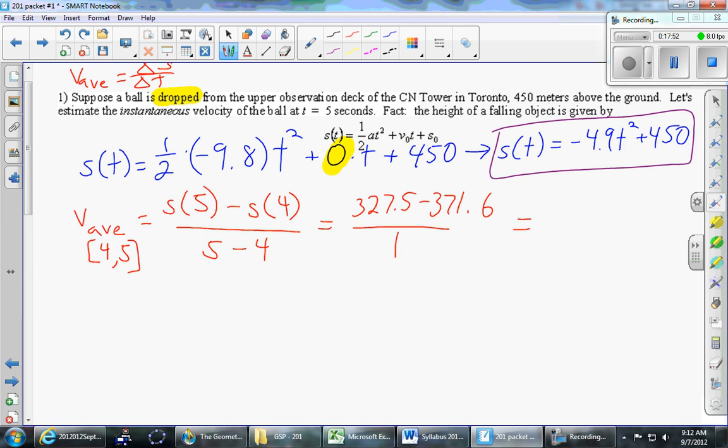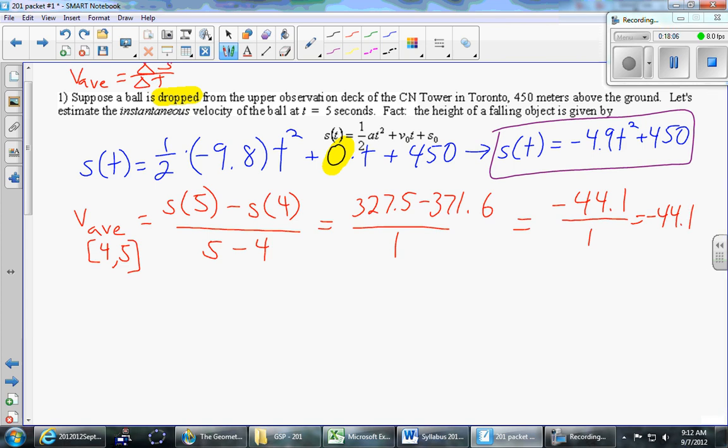Okay, so what do we get when we subtract here? 44.1, thank you. And that's still divided by 1. So negative 44.1 meters per second. And I'm hoping the units make sense.